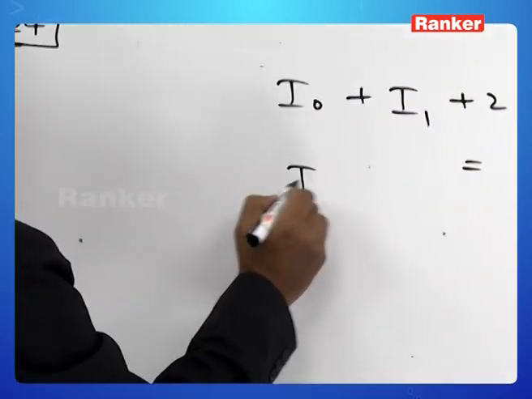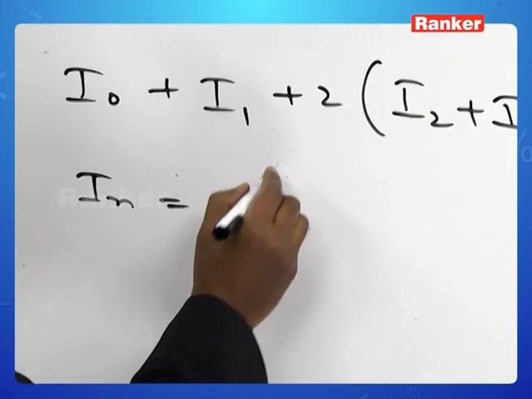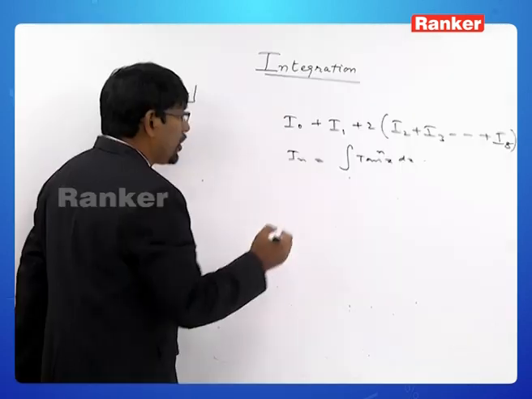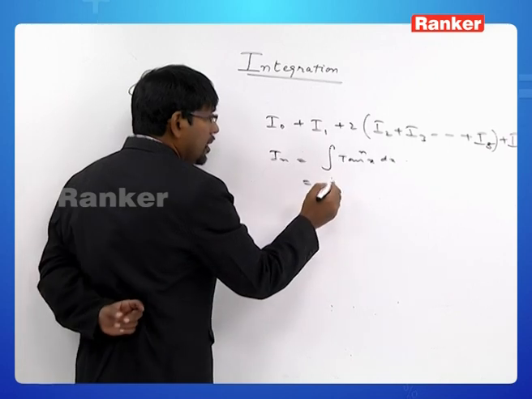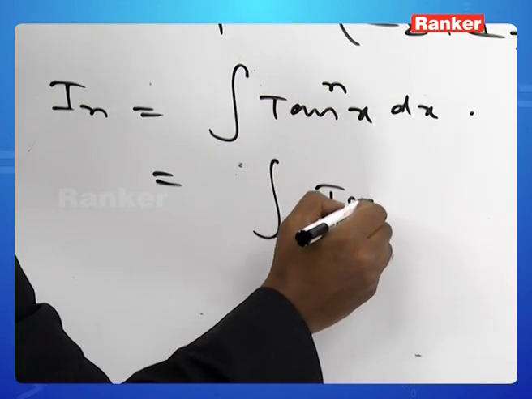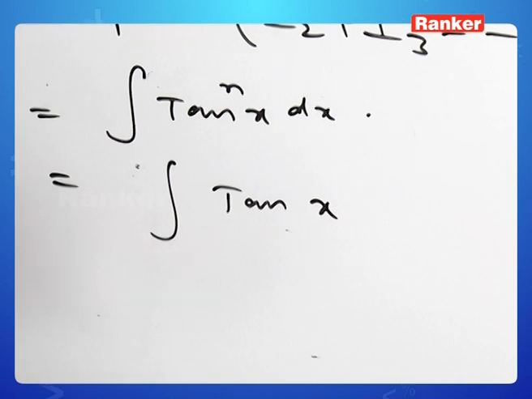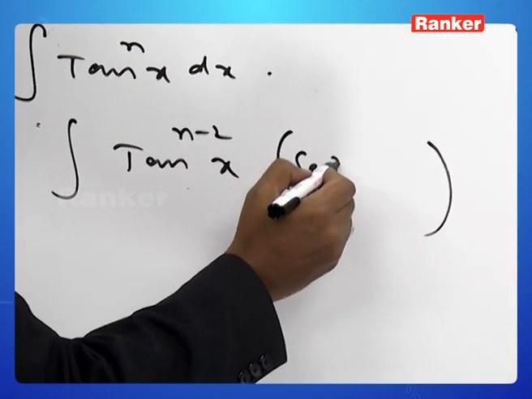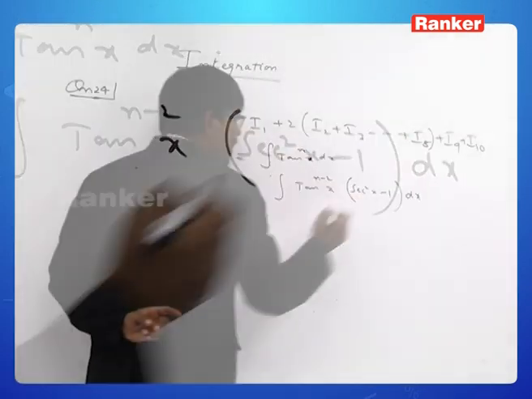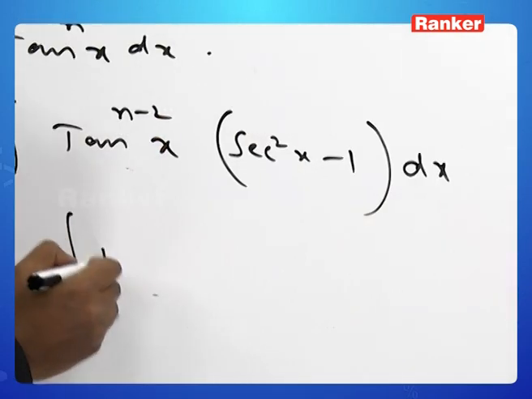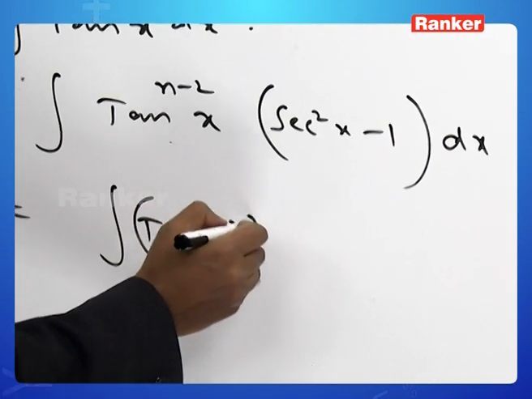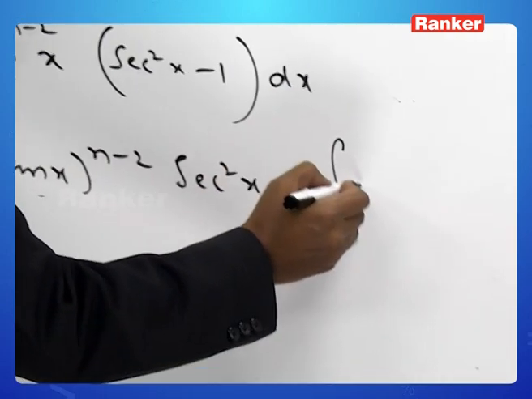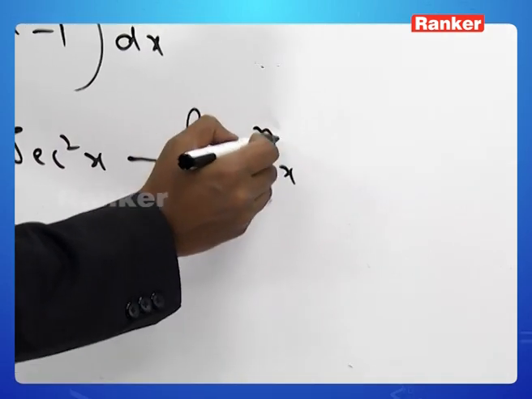Now what is In? We are given In to be equal to integral of tan x power n dx. Now this we can rewrite as tan x power n minus 2 into tan square x. Tan square x, I am going to write it as secant square x minus 1. Now split this integral, it turns out into the form of tan x power n minus 2 into secant square x minus tan x power n minus 2 dx.